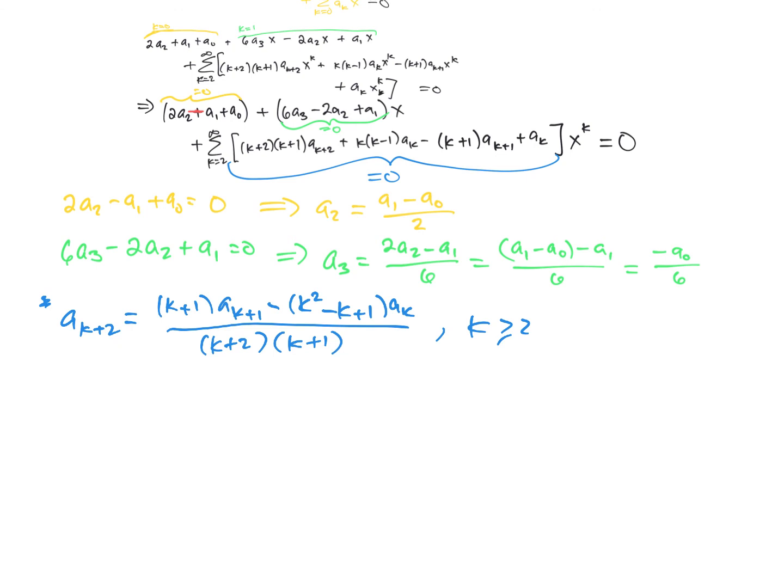Which makes sense because the first one we would get would be a k plus 2, and if k was 2, then you'd get a4. So we've already got a2 and a3, and now we can get a4.